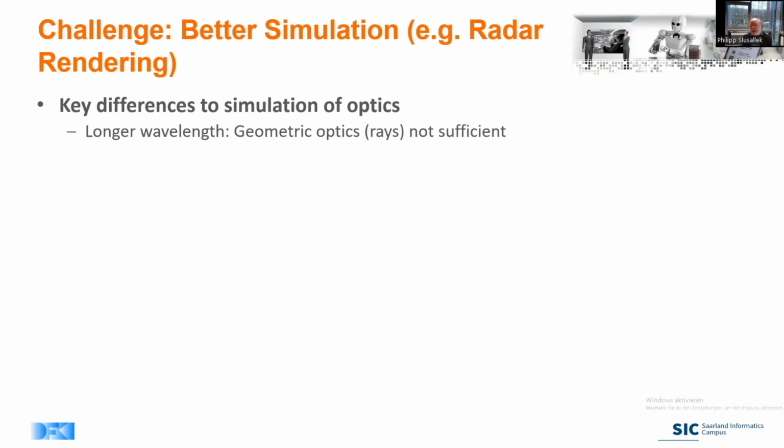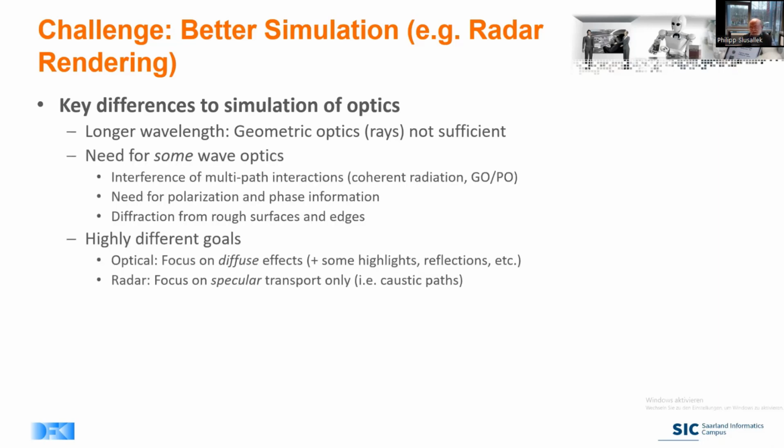It's also electromagnetic radiation, but with a much longer wavelength. Because of the longer wavelength and because this is coherent radiation, we need to take wave optics into account, right? The wave effects: interference, polarization, phase information, potentially diffraction, and others.